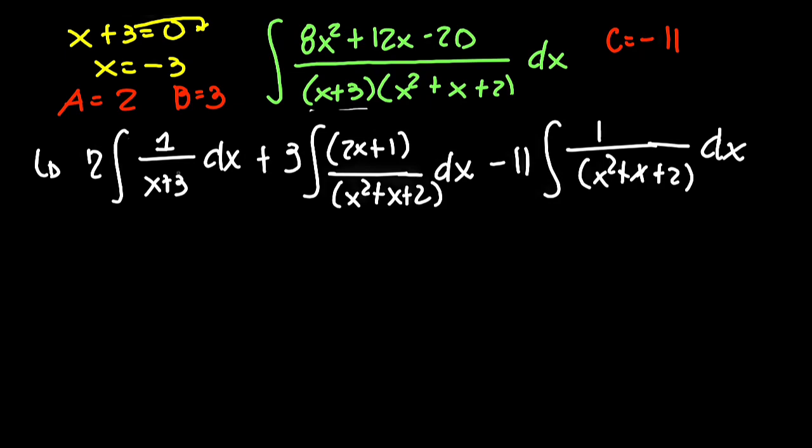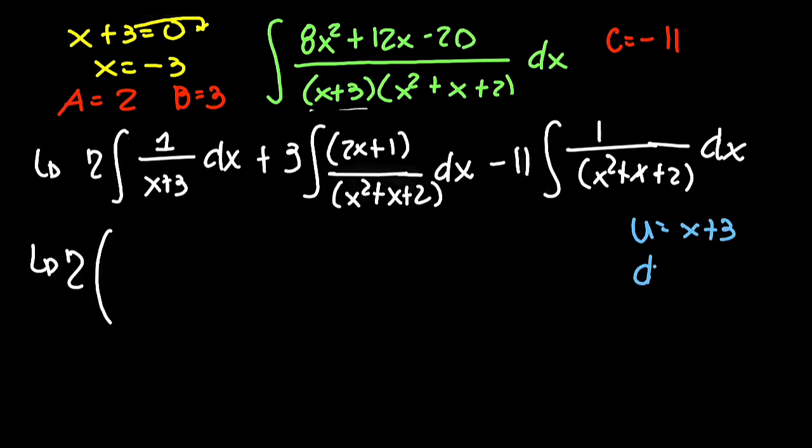Now, how can we integrate this? Let us use u substitution. Focus on the first part. This should be 2 multiplied by the integral of 1 over x plus 3 of dx. Let us use u substitution in here. Let u here be the denominator, which is x plus 3.